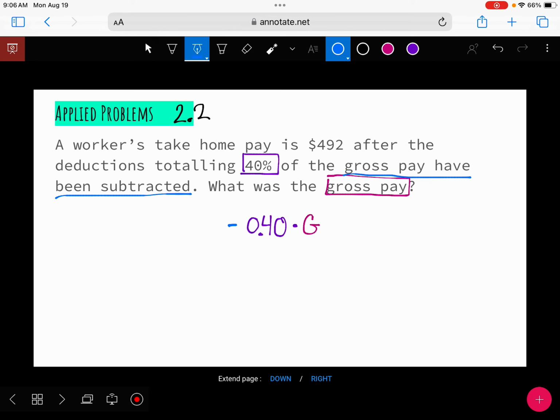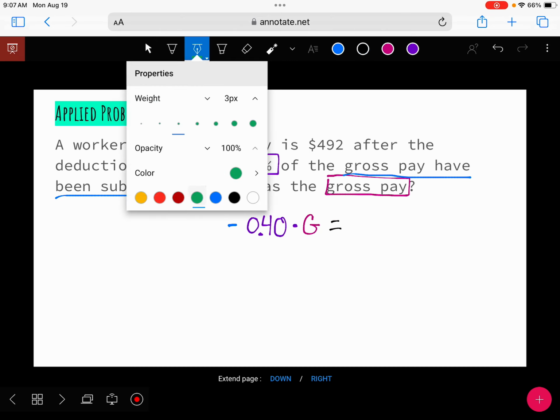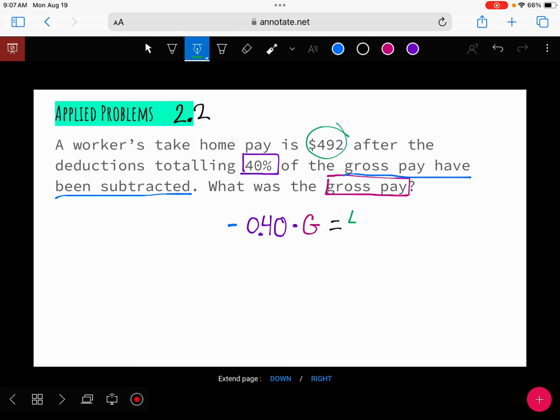It's not from the 492. The 492 is their take home. So we're subtracting the 40% of the gross pay from the gross pay, right? This whole thing's going to equal our 492. That's where this is coming from. Our total is 492. The 492 is not what we're subtracting from.